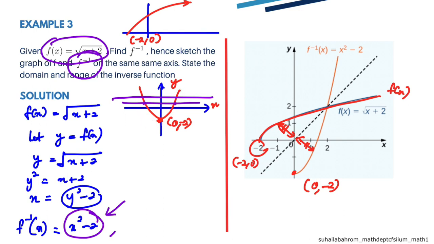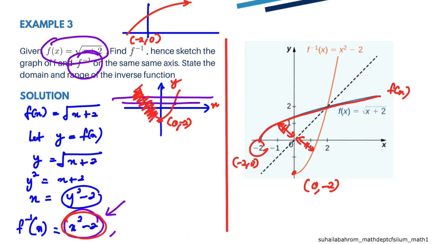Since the horizontal line shows it is not one-to-one, there is no inverse. But when we reflect the graph of the function f, this is the graph that we get. Therefore, this part does not appear.